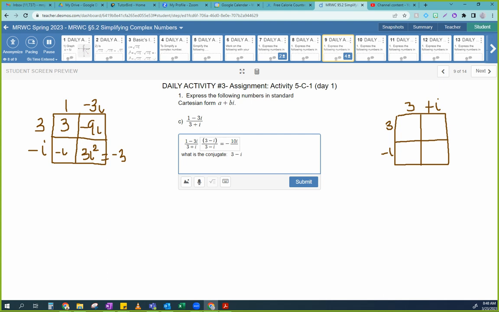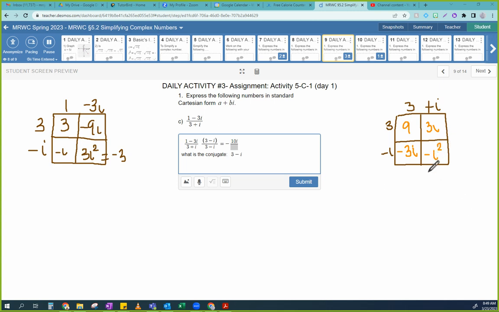So then I'm going to go back here and I'm going to use another color, orange maybe. Okay, here we go. So this is 9. This is 3i, which hopefully is going to cancel. Because if it doesn't cancel, then I didn't do my job. And everyone's like, yay, Miss Johnson, look, it cancels. Yes, that was our job. So then negative i squared.